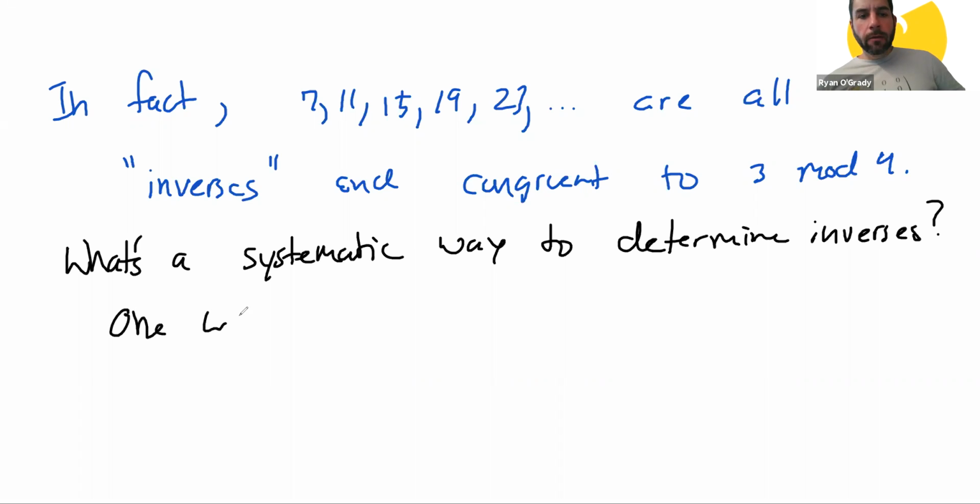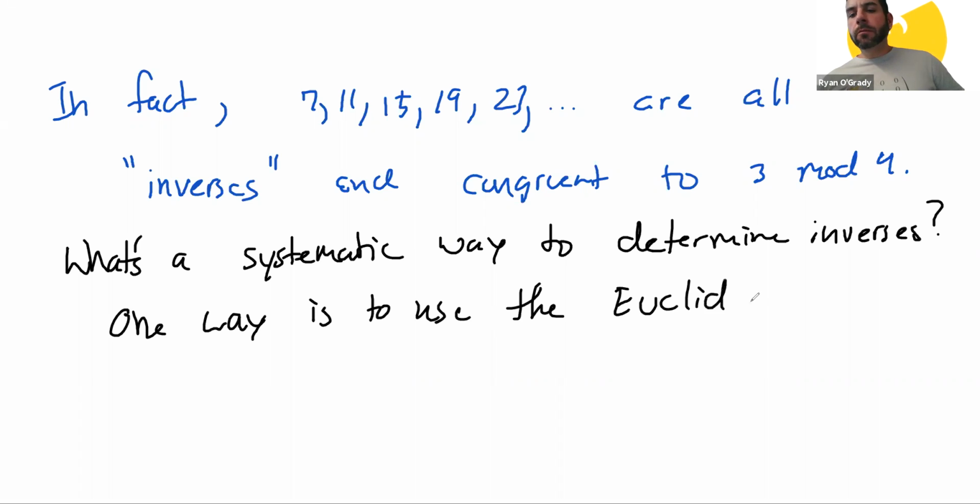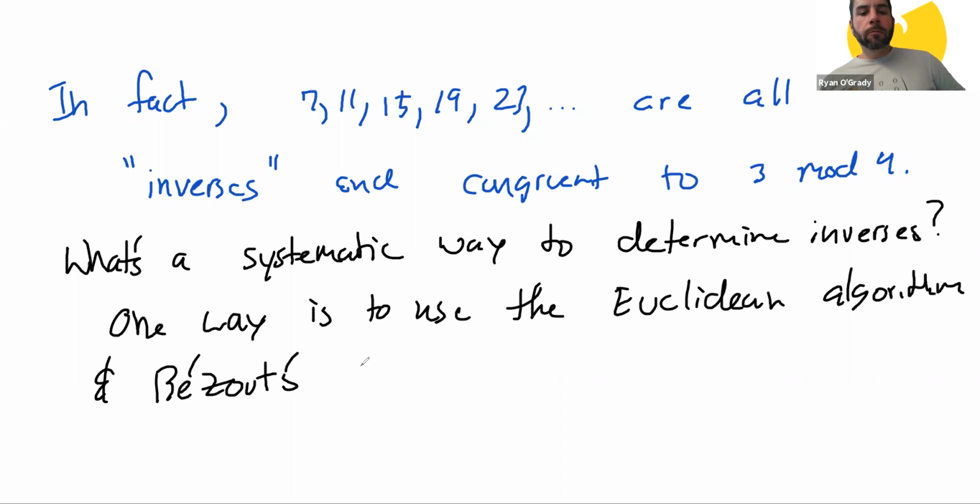So one way is to use the Euclidean algorithm and Bezout's theorem. That is all that hard work we did.